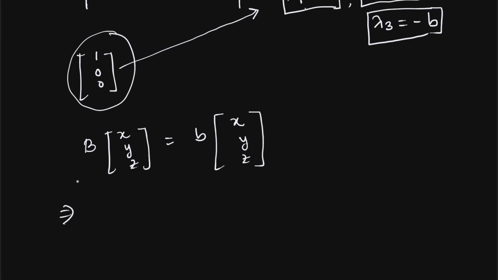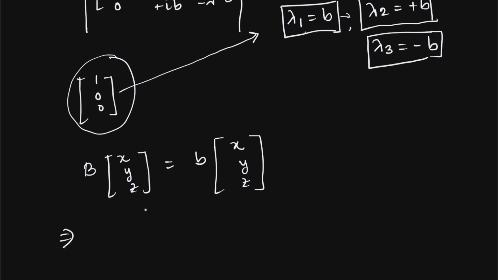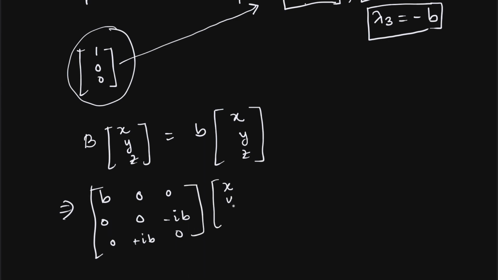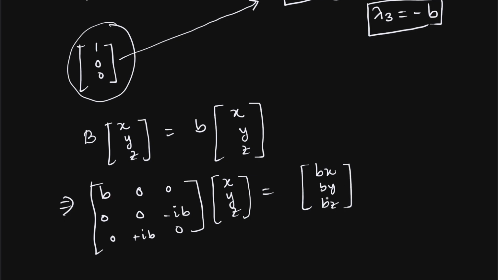That means the matrix with rows (b, 0, 0), (0, 0, -ib), (0, ib, 0) times (x, y, z) is equal to (bx, by, bz).